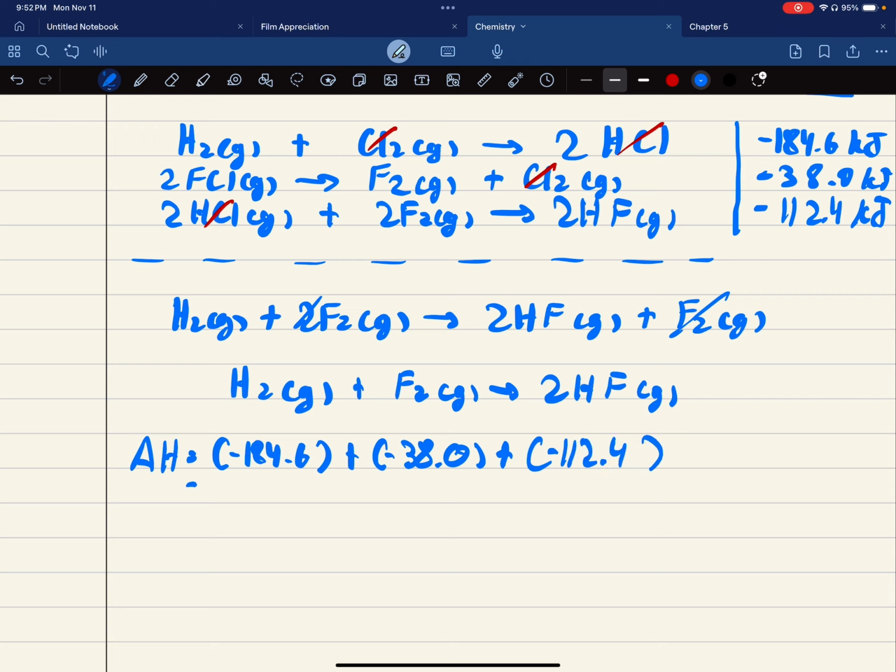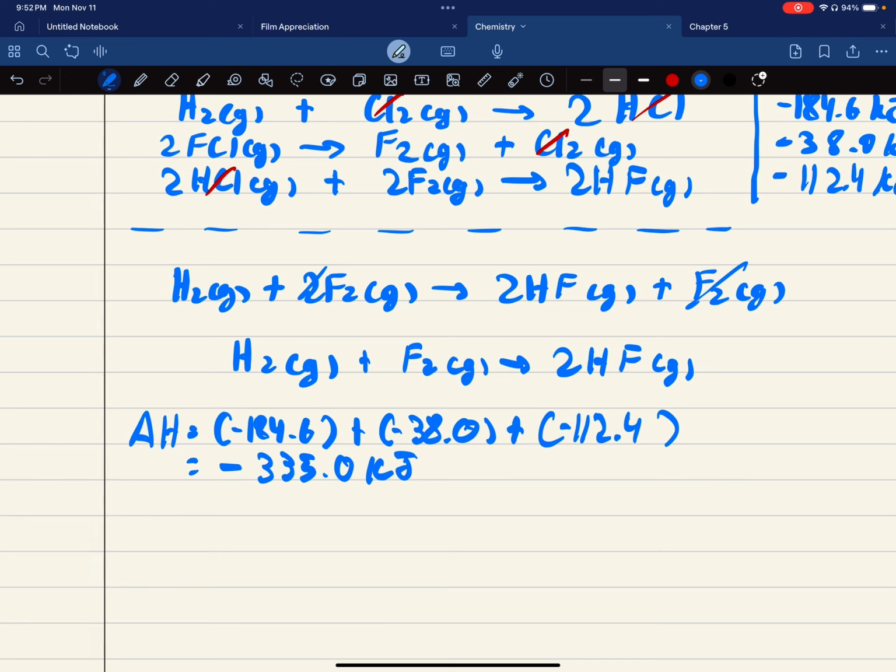And our final answer that comes out of this is going to be negative 335.0 kilojoules. So this is our answer. Delta H equals negative 335.0 kilojoules.